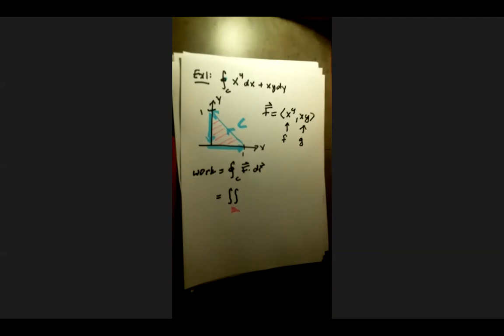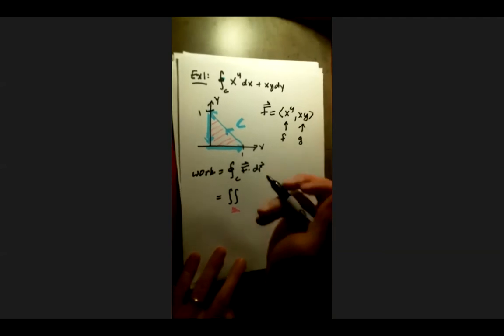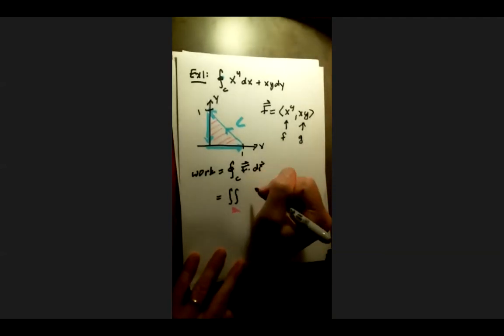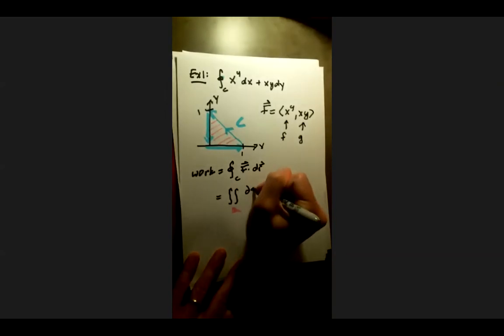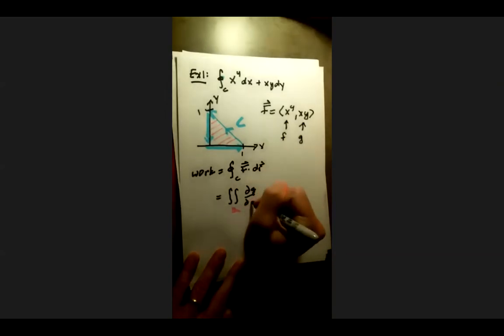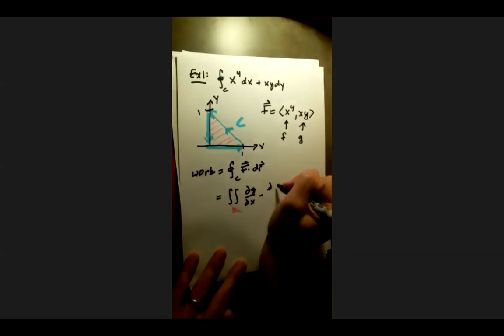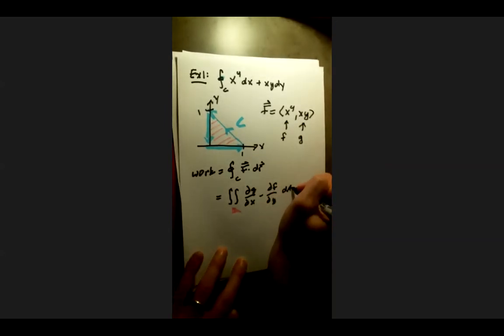We'll figure out the triangle in a moment. Of the partial of g with respect to x minus the partial of f with respect to y dA.